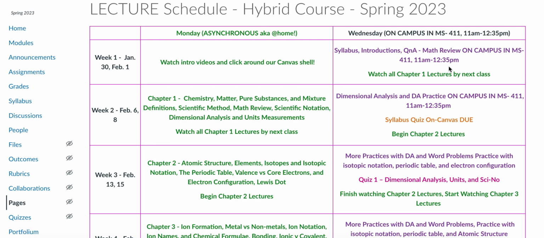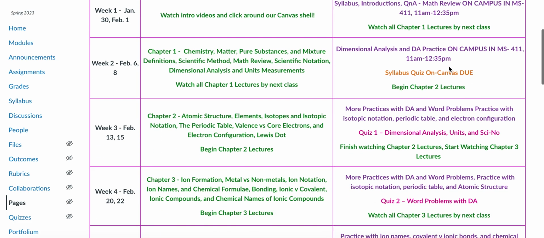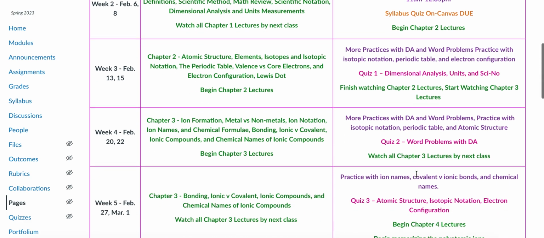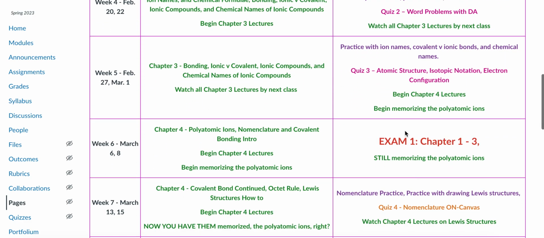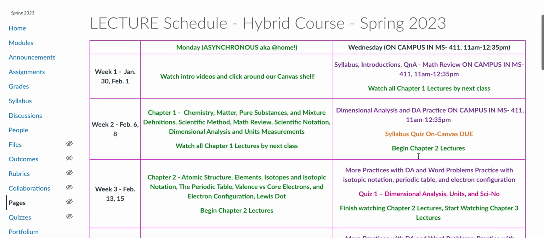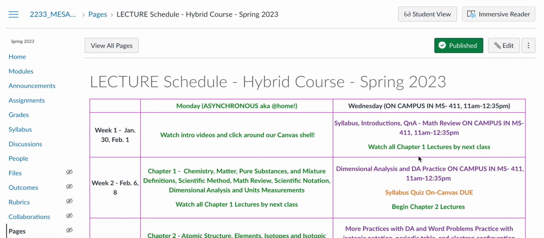We may have some mini lectures of material that I think is particularly confusing or challenging. You'll have the opportunity to ask questions, and we will have all of our assessments in this time. So any quizzes or exams will be in that time as well. So it's going to be really important that you make sure that you're available for that Wednesday period.